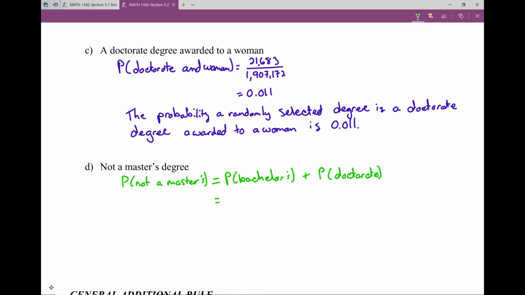So I end up with the bachelor's degrees. There was 1,348,503 out of my total 1,907,172, plus the number of doctorate degrees, which was 46,024 out of 1,907,172.